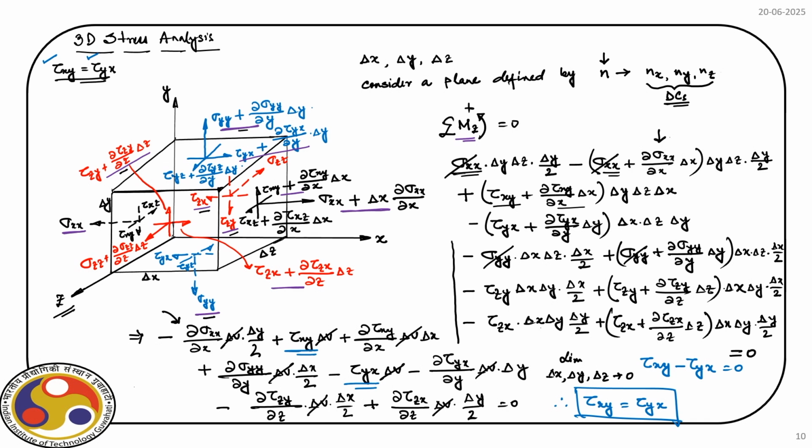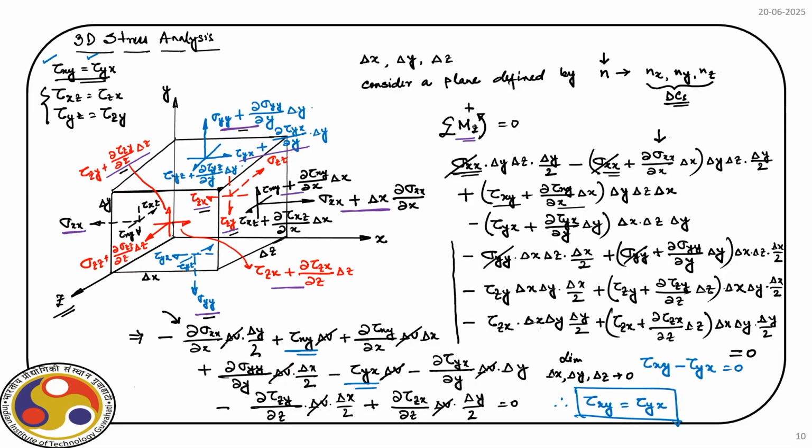Now, we have done it for tau xy and yx. Similarly, we can also do it for tau xz equal to tau zx, and then tau yz is equal to tau zy. These two I leave it as an exercise for you. So, what you have to do?